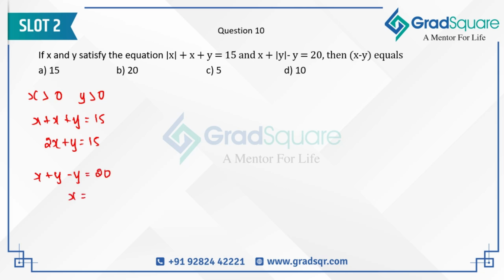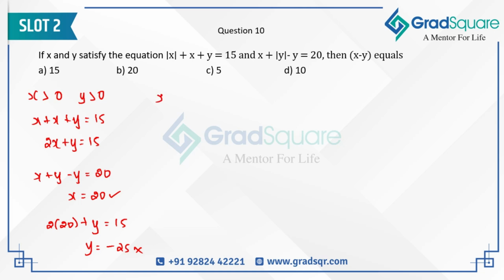That will give me x equal to 20, a positive value and acceptable value for x. Now upon substituting this x in the first equation, 2 into 20 plus y equal to 15, that will give me y is equal to minus 25, which is a negative value, not acceptable, because we have taken y to be greater than 0. Now this can't come.